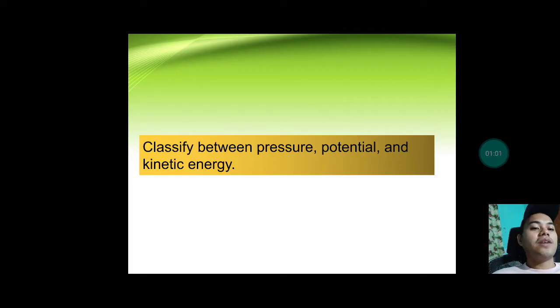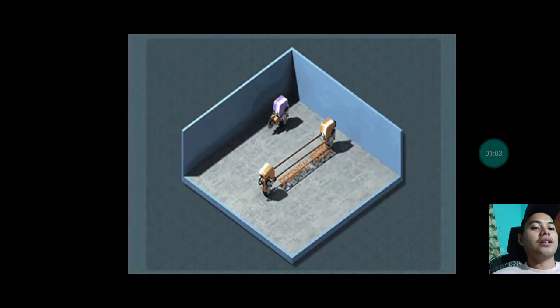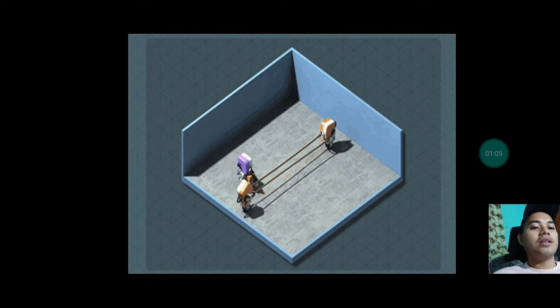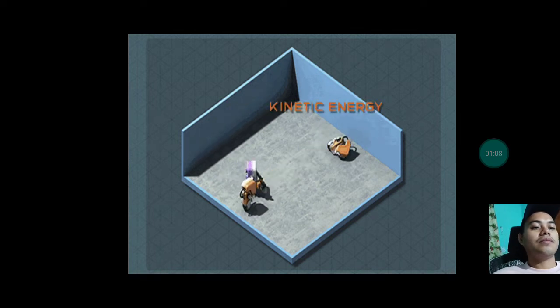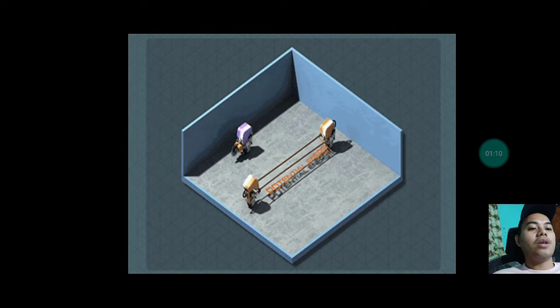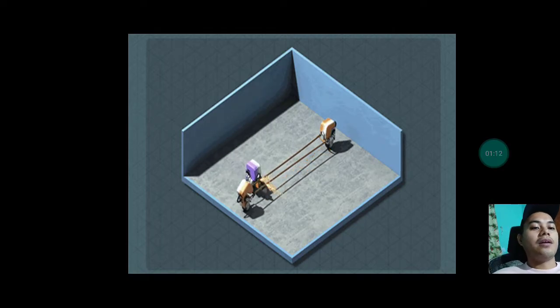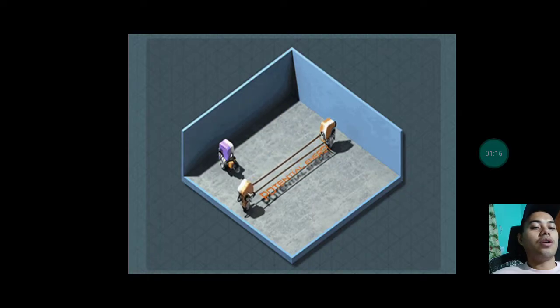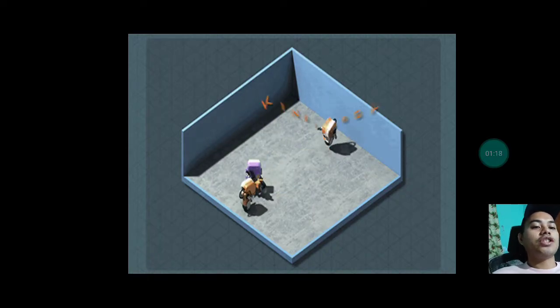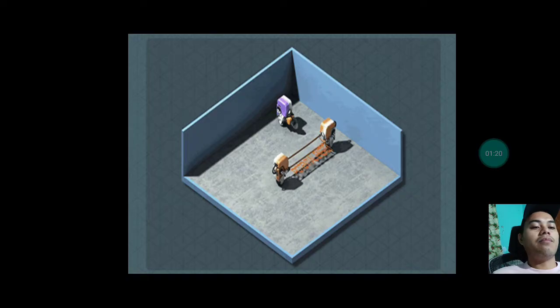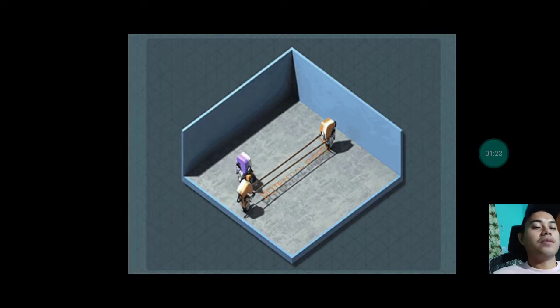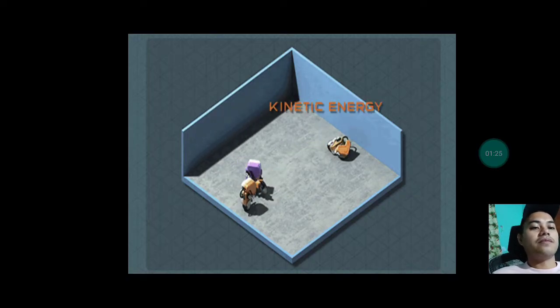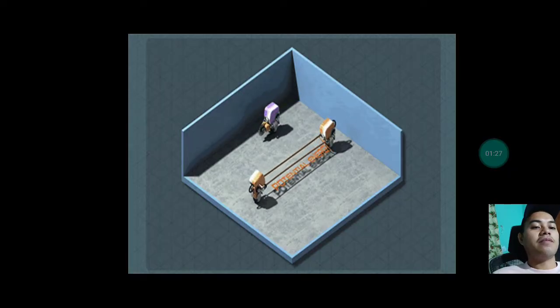So let's classify between pressure, potential, and kinetic energy. As you can see in the GIF, the two orange robots are stretching the rubber band, a type of elastic material.